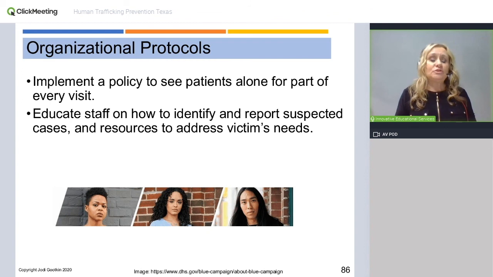One simple strategy that could be part of a protocol is requiring that every patient is seen alone for some point in their visit, and then that clinician uses appropriate communication to present them with an opportunity to share information that may allow us to assist.